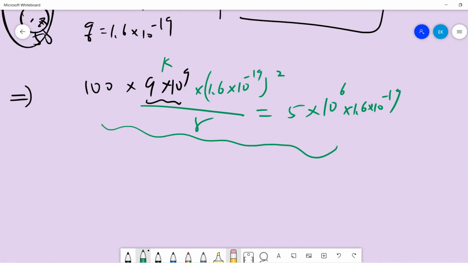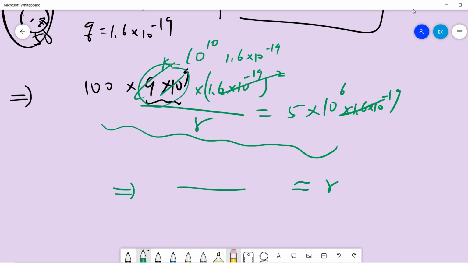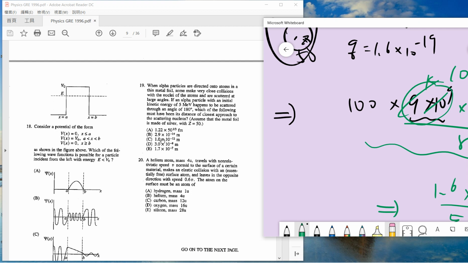So we can solve for R. I approximate this as 10 to the 10, so we have 10 to the 12 and 10 to the negative 7 times this one, also divided by 5 times 10 to the 6. So it's close to 10 to the negative 14. So the answer is B, 10 to the negative 14.